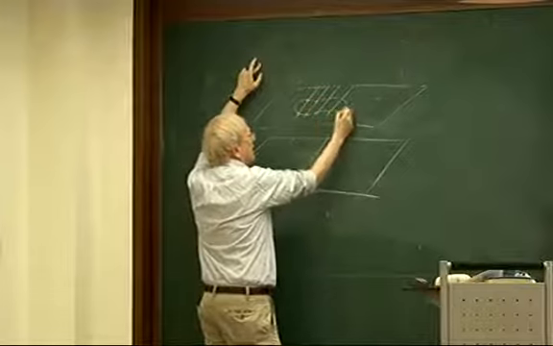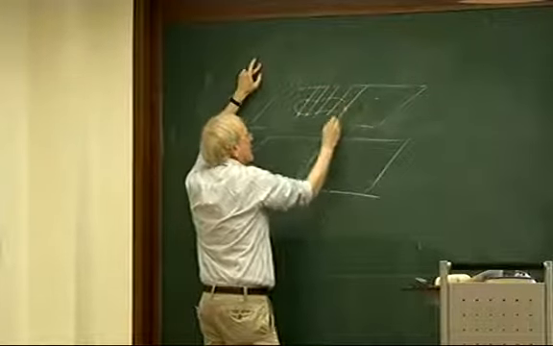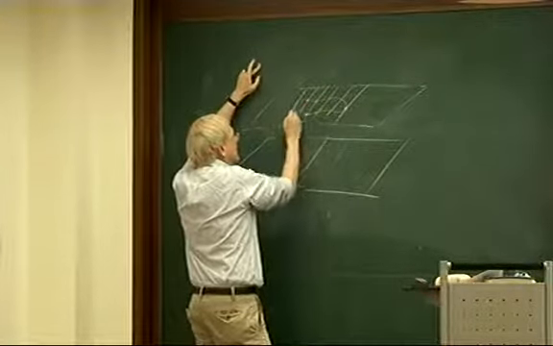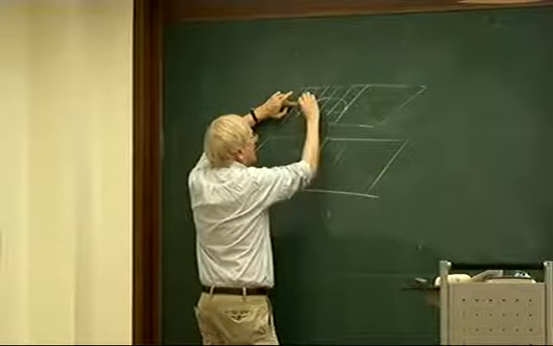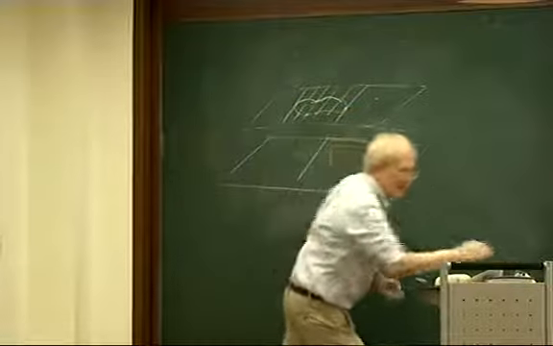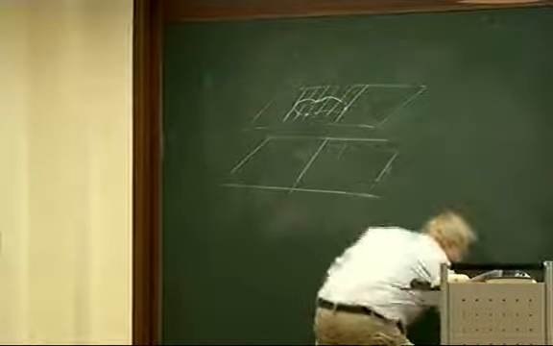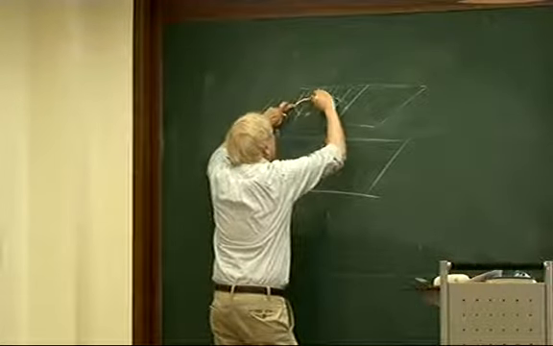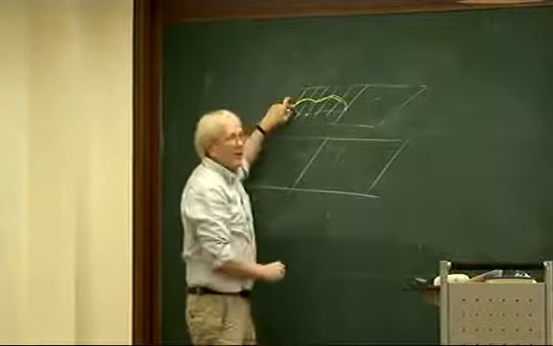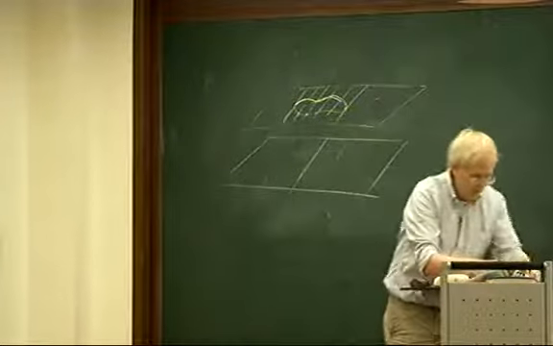Of course, one of them is going to intersect in one point here, and one in one point there. So in each plane we get an interval, a yellow interval and a red one.